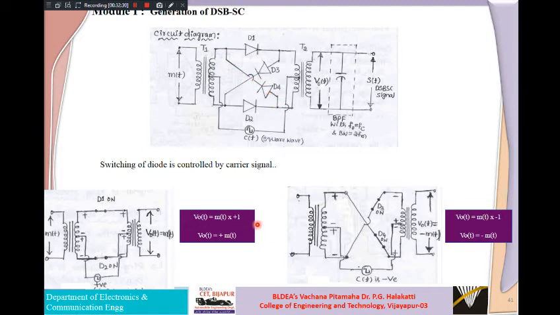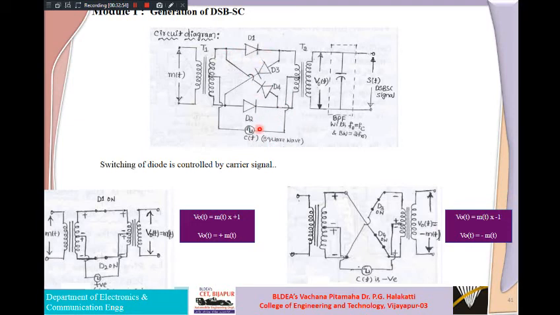So what is happening here is that during the positive peak we got output voltage plus m(t). During the negative peak of the carrier the circuit will look like this, because during the negative peak of the carrier D1 will be off. How is D1 going to turn off? During the positive peak here we got positive and here we got negative.